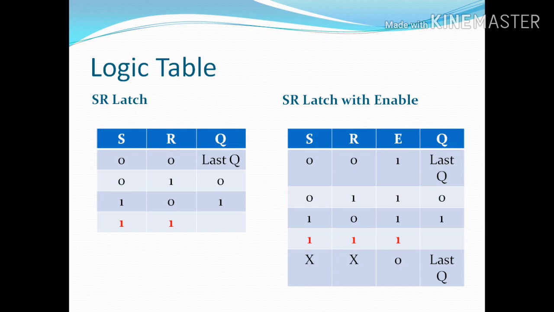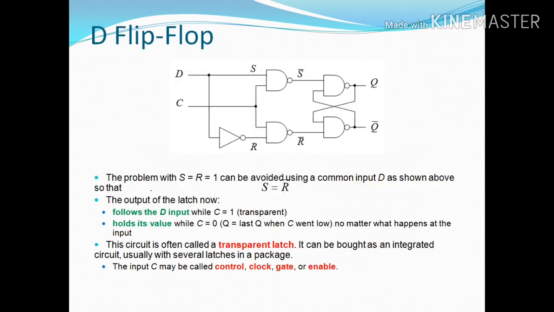S equal to 1, R equal to 0, that gives us 1. But when both are 1, that will not give you any proper output. Similarly, when the clock pulse is enabled, the response is such that when the clock is 0, no matter what set and reset values are given, it will just depend on the last Q. You can see there.